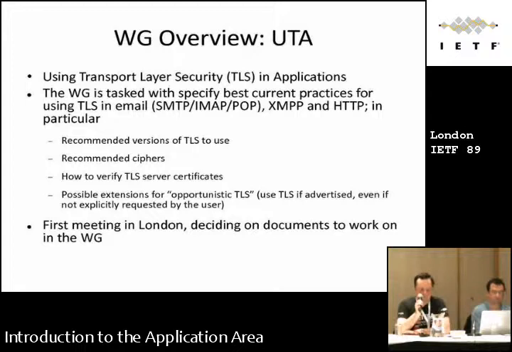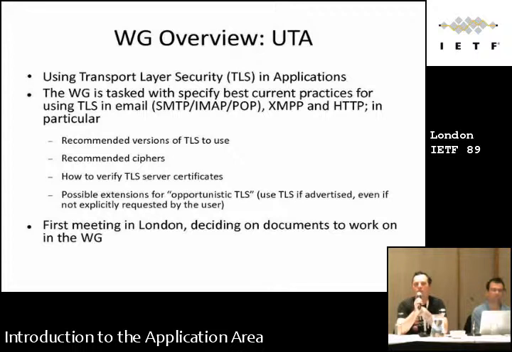So what people found out is that a lot of aspects of use of TLS are either underspecified because they're in older documents, or things have moved on. TLS ciphers recommended many years ago are no longer recommended. There are some new security attacks discovered.